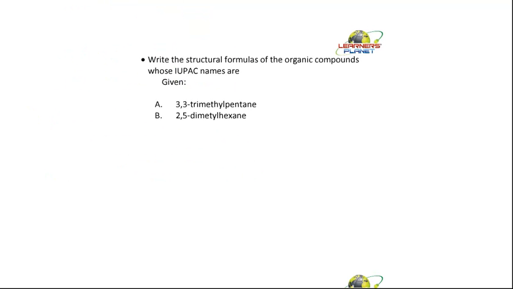It is again: write the structural formulae of organic compounds whose IUPAC names are given. Your first is 3,3-dimethylpentane, and next is 2,5-dimethylhexane.